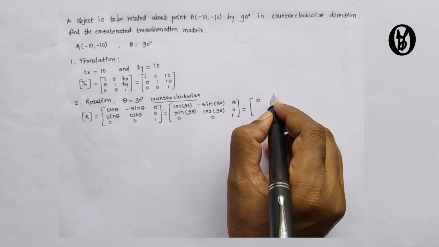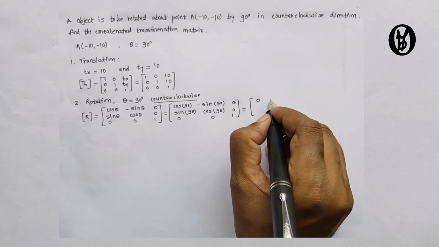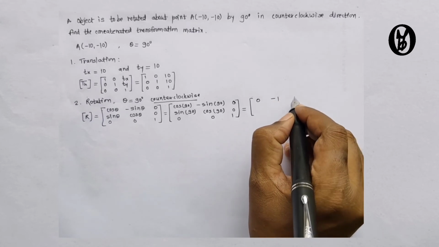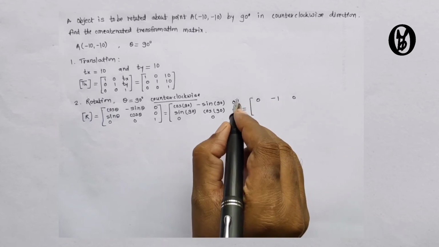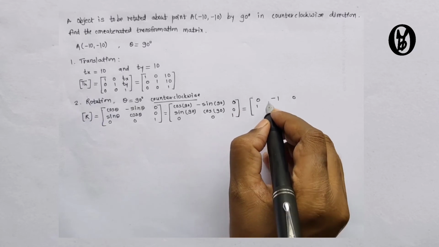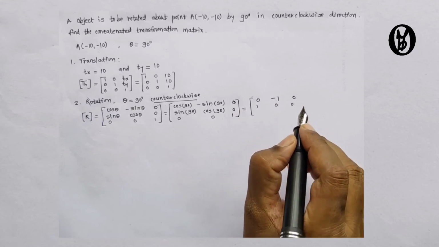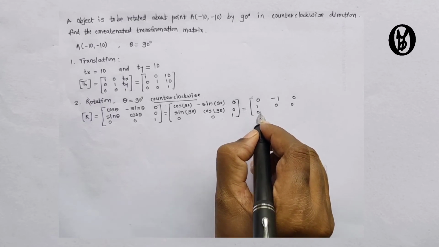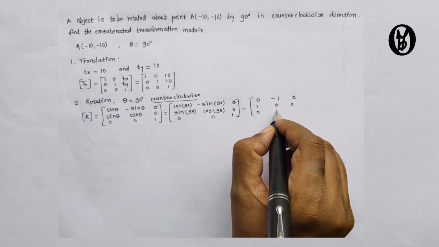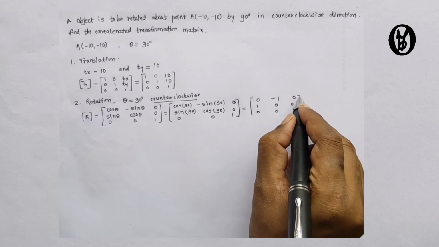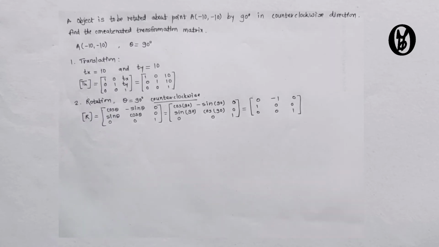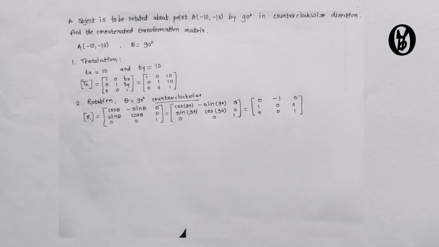Cos 90 is 0. So we get 0, minus 1, 0, 1, 0, 0, and third row 0, 0, 1. So this is the rotation matrix.